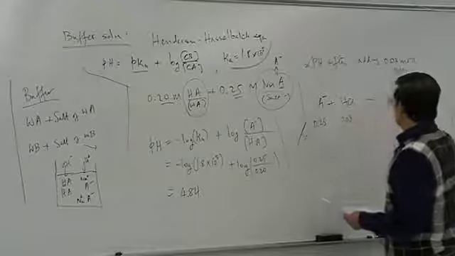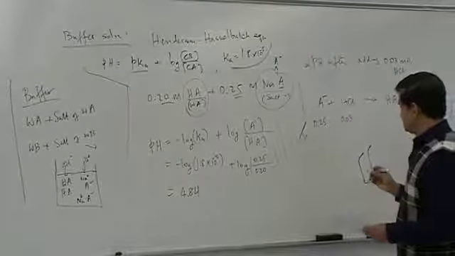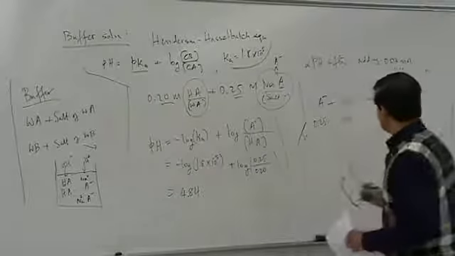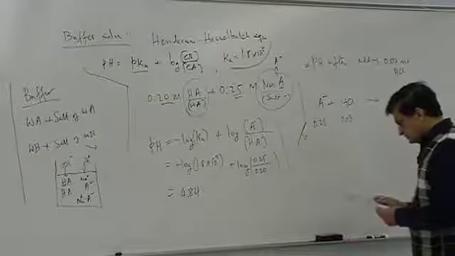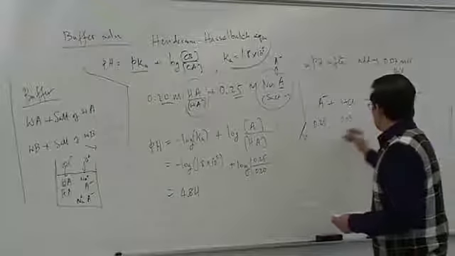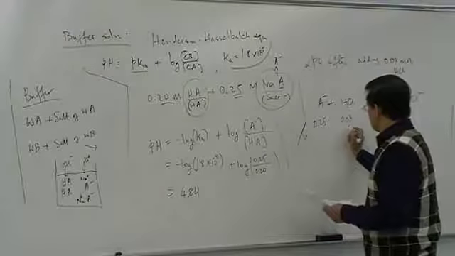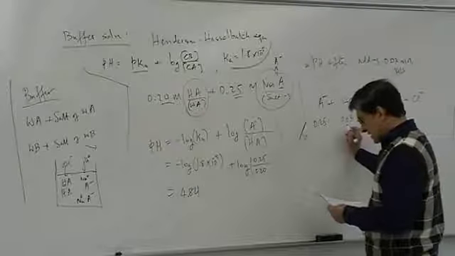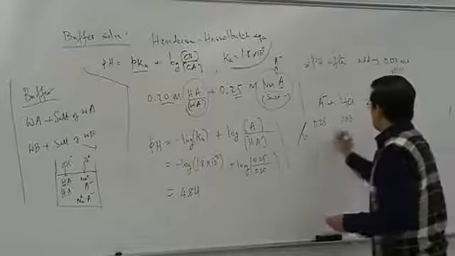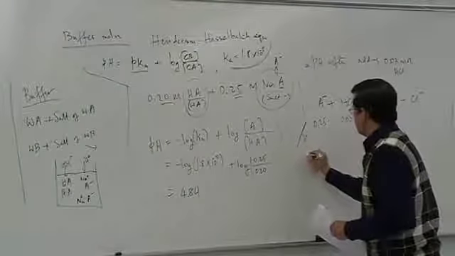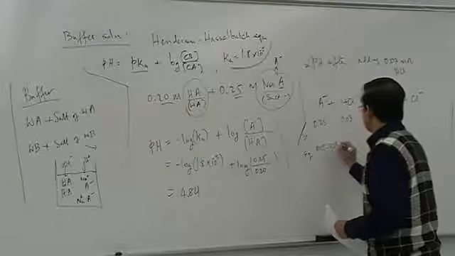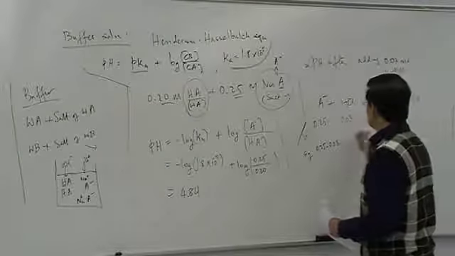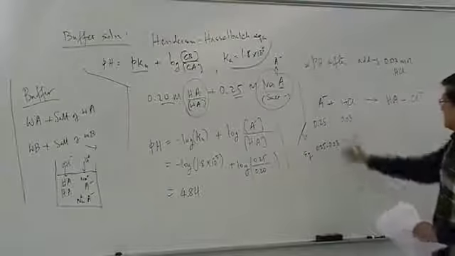Assume this was added to the whole liter of solution, so it's 0.03 molar, or moles per liter. Then how much will be left at equilibrium? 0.25 minus 0.03, because this is a strong acid and it's going to react 100% with A minus.